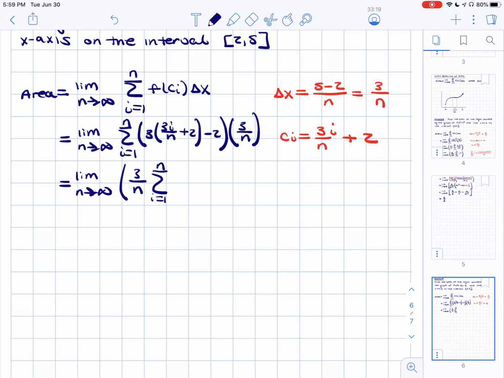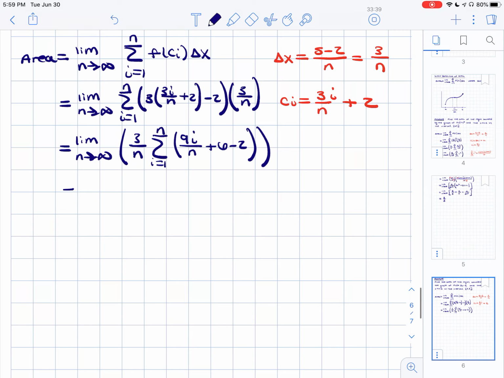And I'm also going to go ahead and distribute this 3 in here. That would give me a 9i over n, and then plus 6 minus 2. All right. So on this one, go ahead and just simplify this a little bit first.